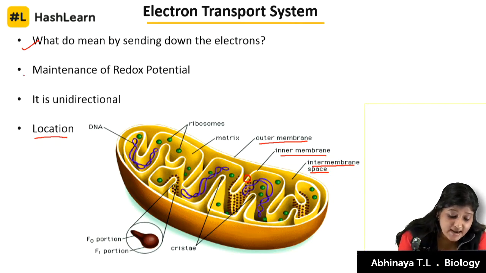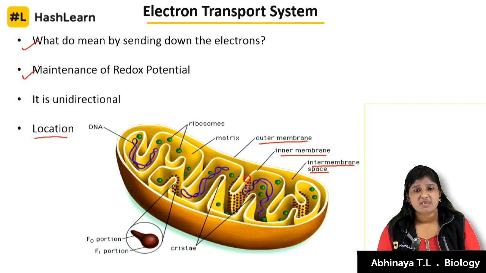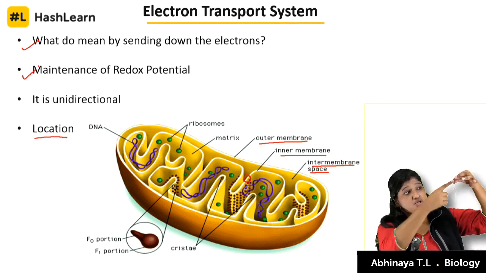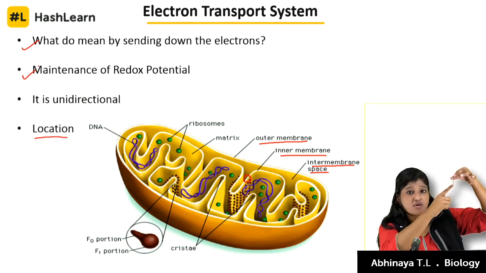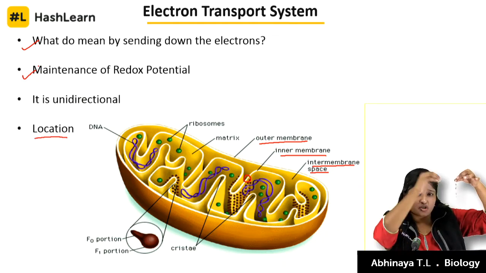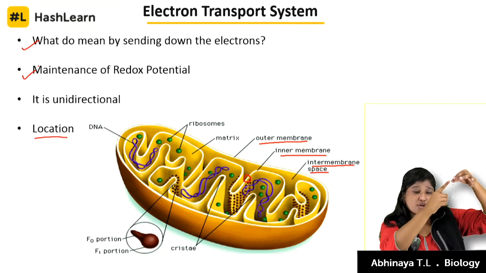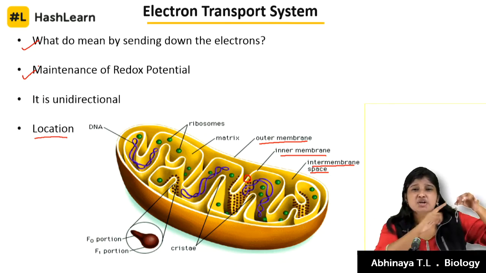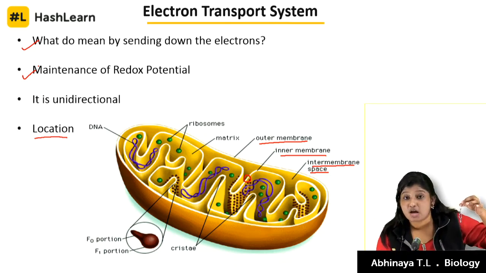How is this getting maintained? Now this electron transport chain I was talking about is unidirectional. You see the 4 complexes here. It goes from the higher redox potential to the lower redox potential. That means simultaneous reduction and oxidation keeps taking place in these complexes.